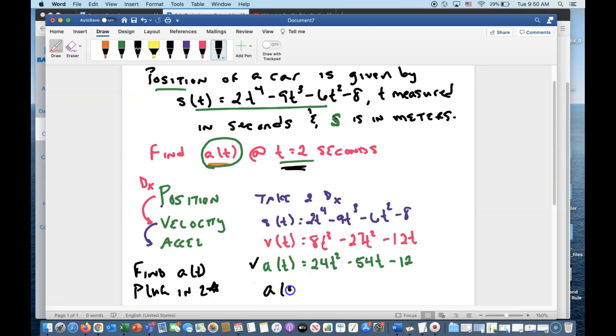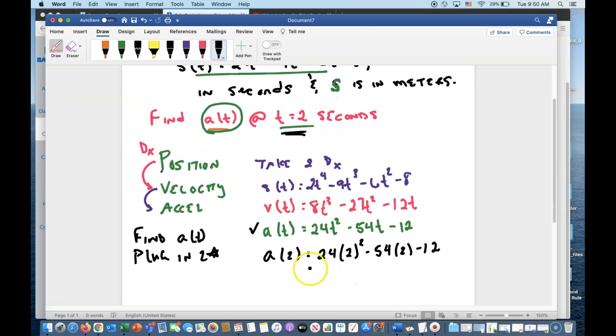So we're going to find a of 2, which would be 24 times 2 squared minus 54 times 2 minus 12. So we'll have 24 times 4 minus 54 times 2 minus 12. You can work your calculator magic here.